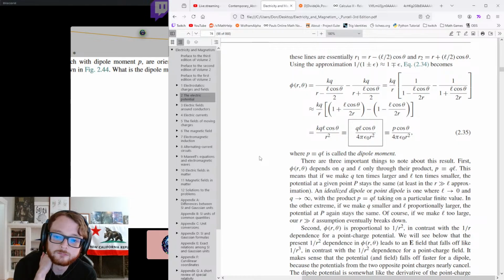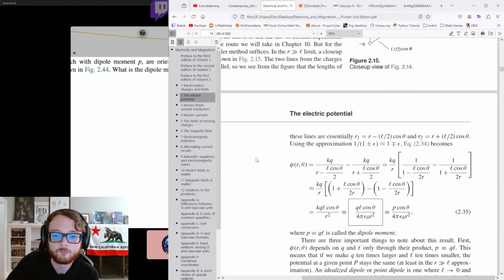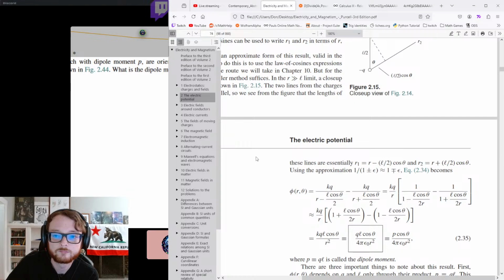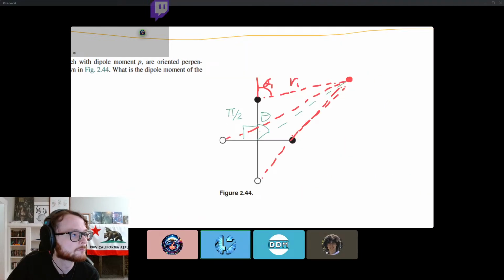If we consider a point a long way away from our configuration, the Q, the L, the R squared, all that should be more or less the same for both dipoles. It seems like the only thing that's changing is the angle theta. The one is going to be, trying to think in my head, theta plus 90 or minus 90? It would be something like that, right?